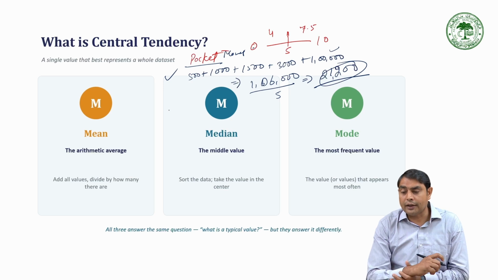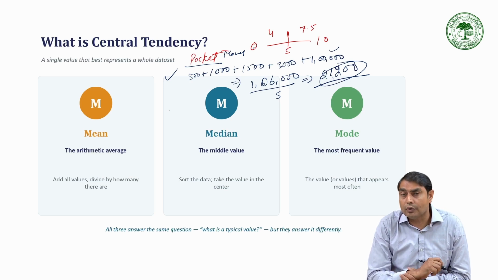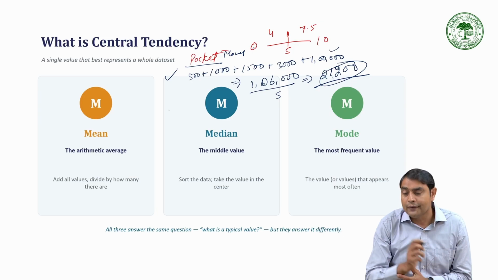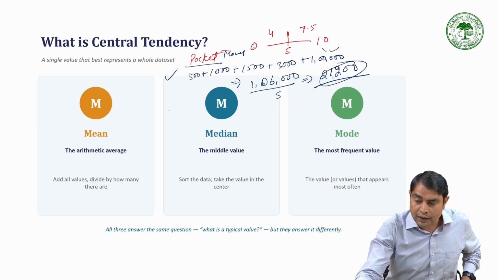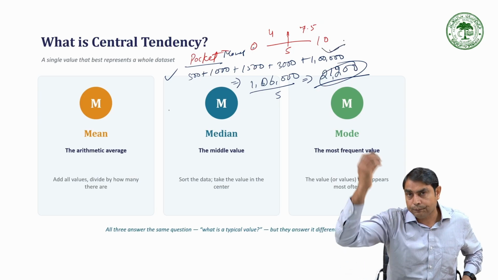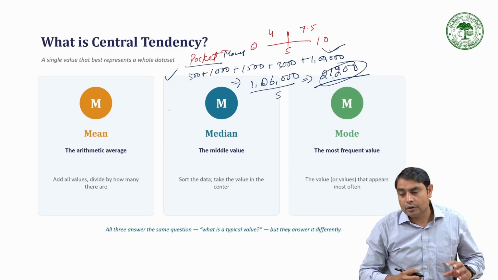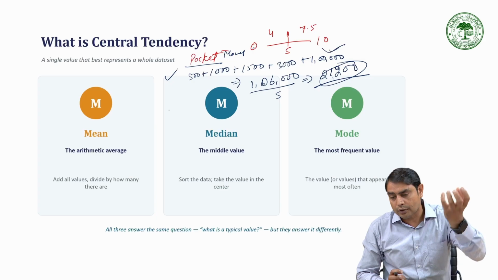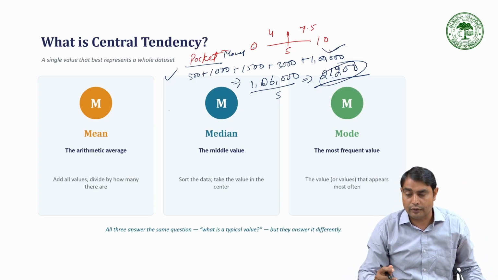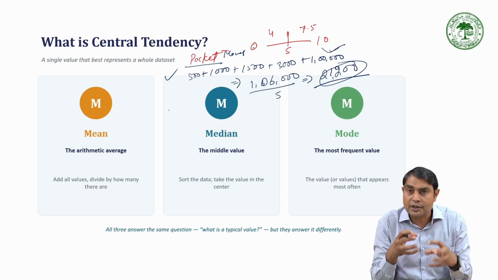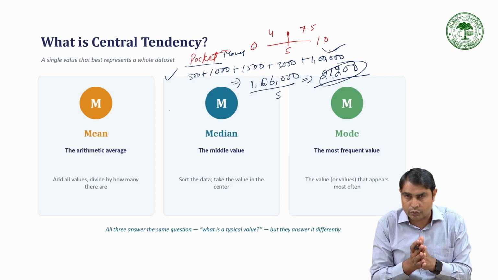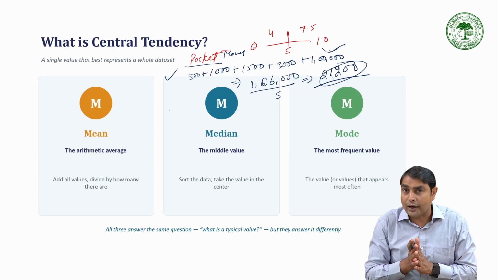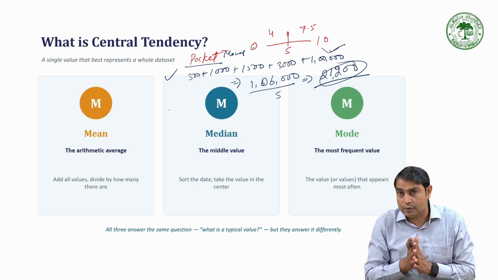Why do I get a faulty representative measure of this data set as a mean? Because our outlier has actually taken up the mean, and it has affected the mean to a great extent. It pushed up the mean to the level of 21,200, whereas the concentration is somewhere around 2,500. This is why mean cannot be used.